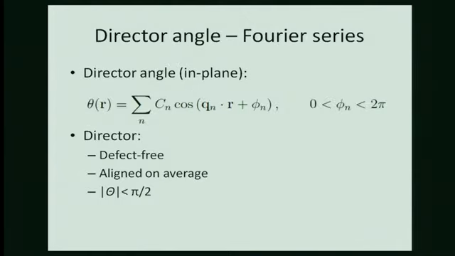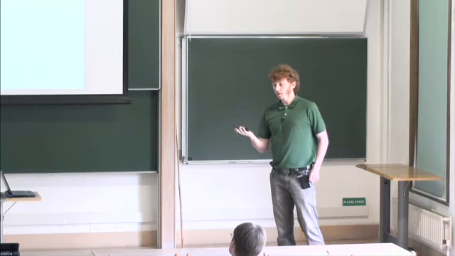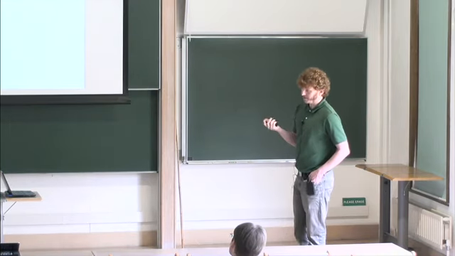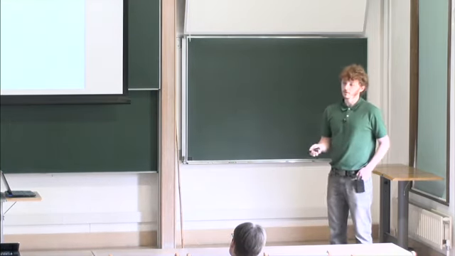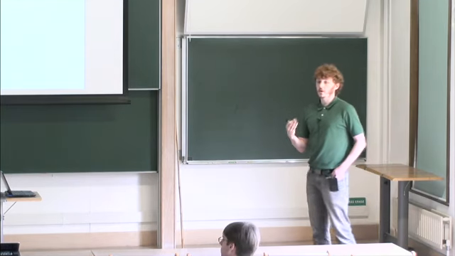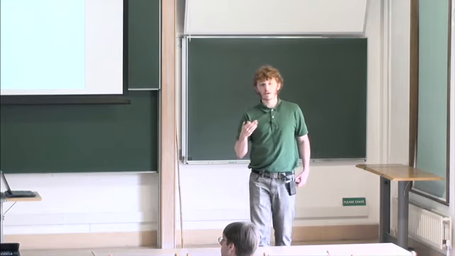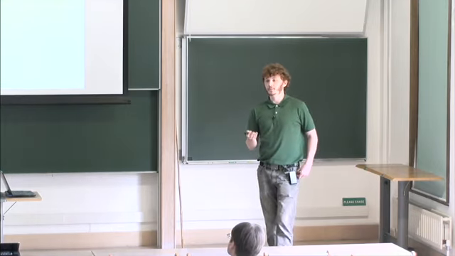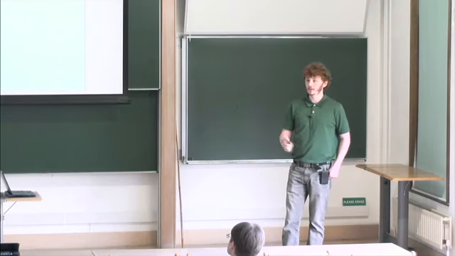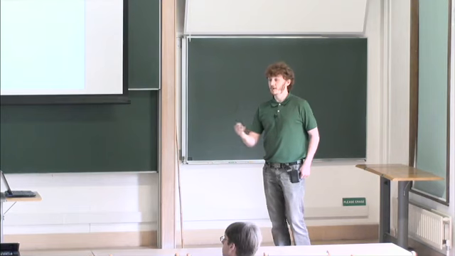Now the question is, what kind of director should we choose? That's not a very trivial question, because what we know is that the system should be somewhat random. At the same time, we know that there should be some spatial length of variation captured in that random pattern.